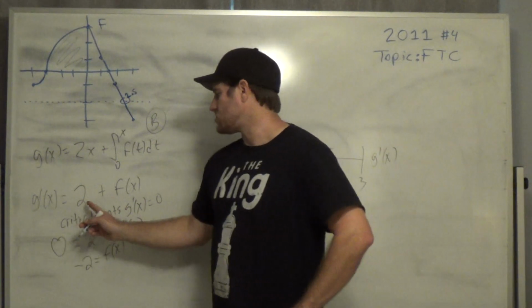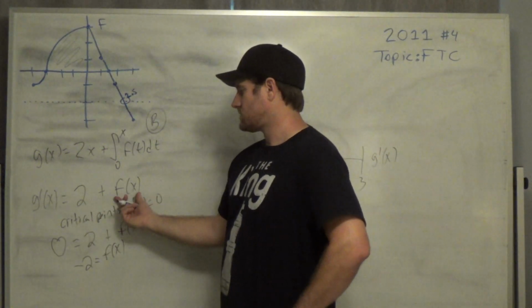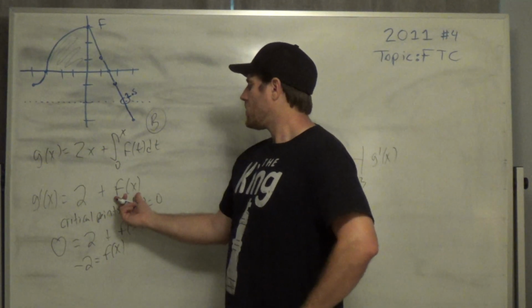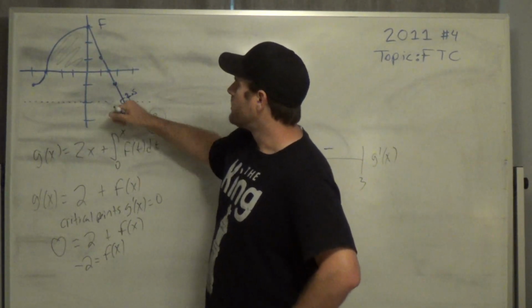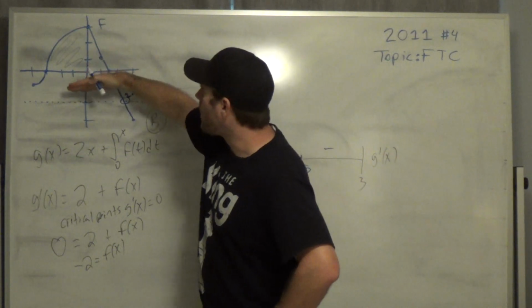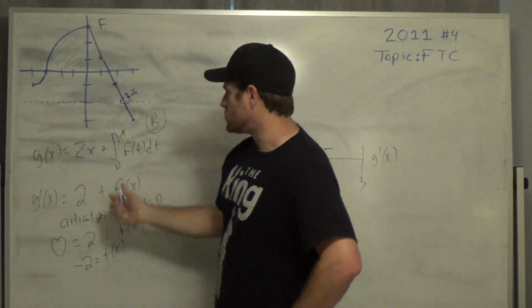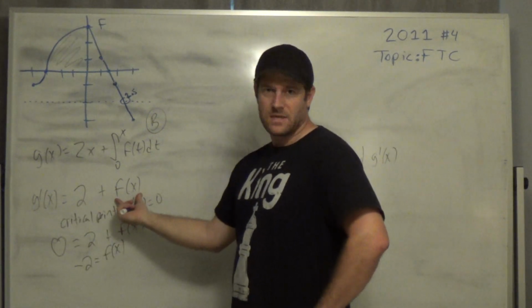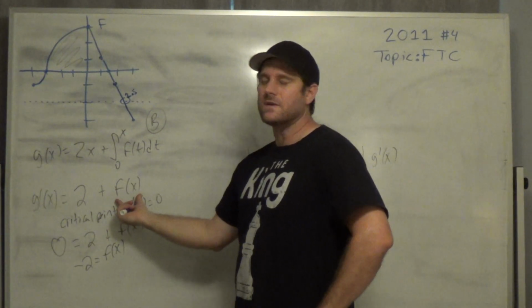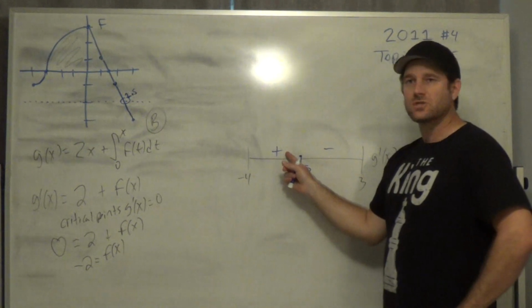G prime x is 2 plus f of x. Look at all these f of x's over here. They're all above -2. So all the heights are above -2. So if you put anything above -2, 2 plus anything bigger than -2 will give you a positive answer.